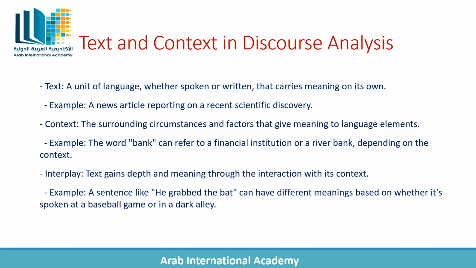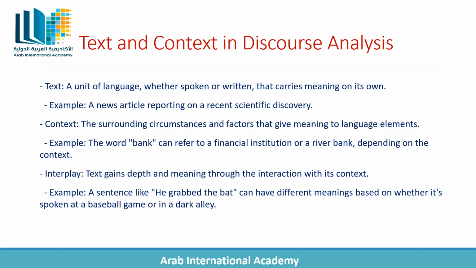The exciting part is when the text and context interact. Just like the sentence, he grabbed the bat. He grabbed a bat like they use in basketball or baseball. So without a context, it could mean different things. If said at a baseball game, it's about sports equipment.